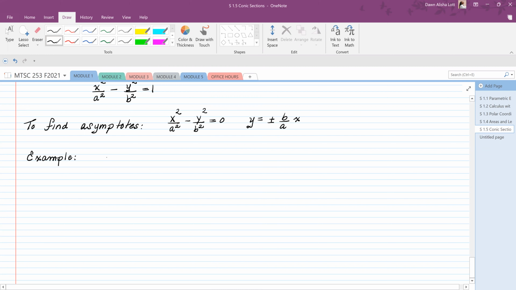So I have x squared over 4 minus y squared over 9 is equal to 1. So the quick and dirty way to graph it is this.